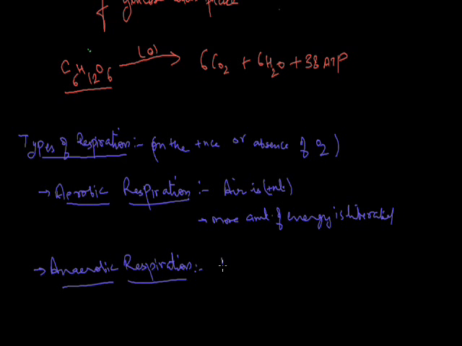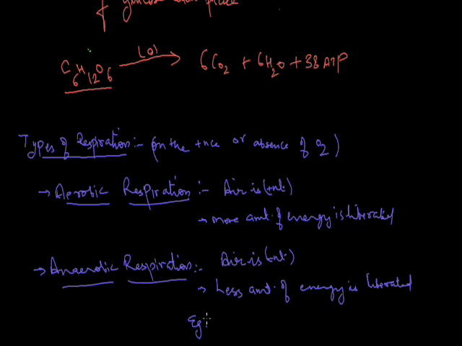Air is absent here. Means if oxygen is not present, then only this kind of respiration will take place, and this will liberate only a small amount of energy. Means only approximately 2 ATPs are released here in anaerobic respiration.